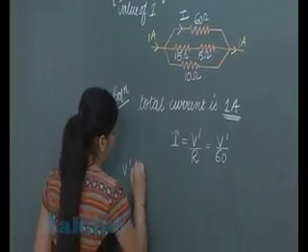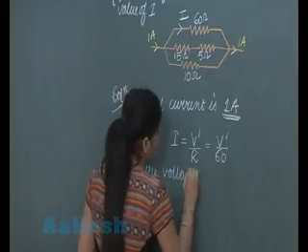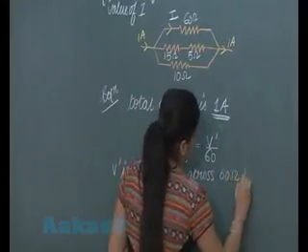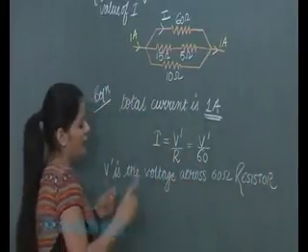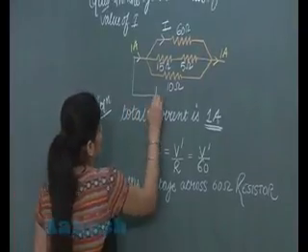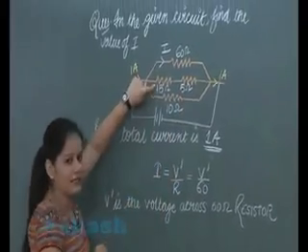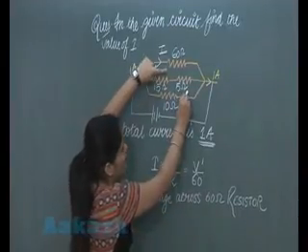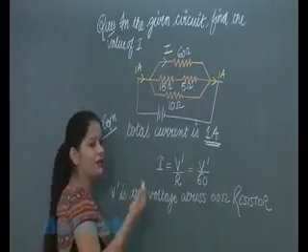V prime is the voltage across 60 ohm resistor. Now student, in the given circuit diagram we can also see that these two resistors are connected in series, and student, the combination of these resistors, and 60 ohm and 10 ohm, all the three are connected in parallel combination.